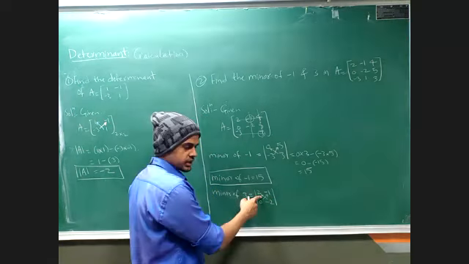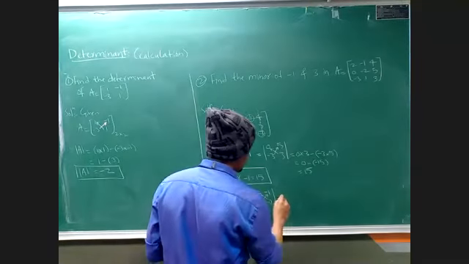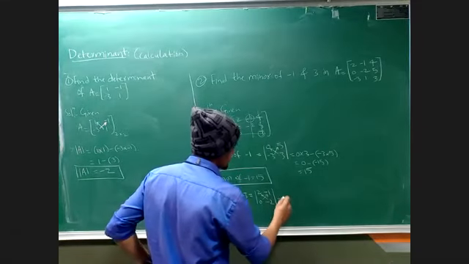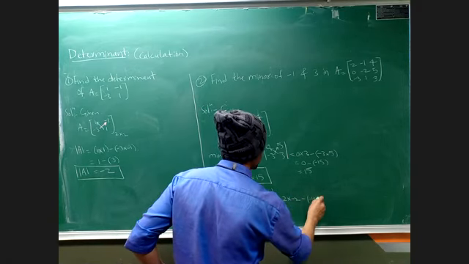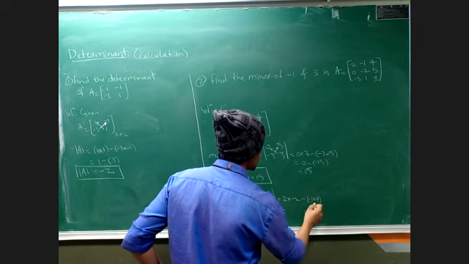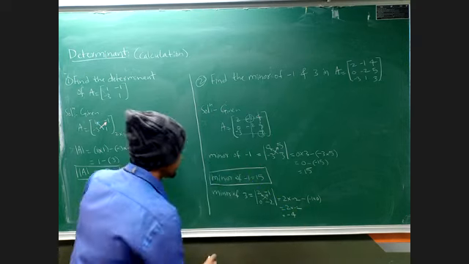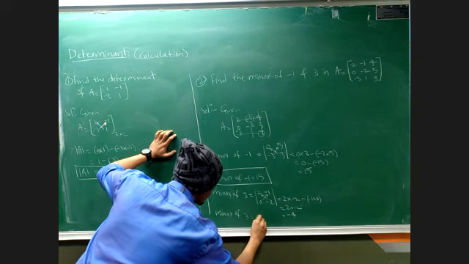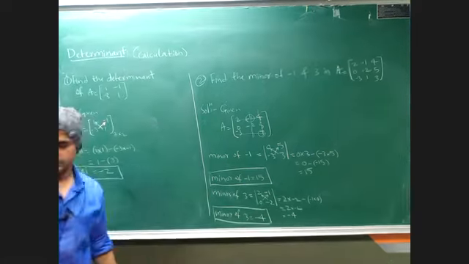The first diagonal is anti-clockwise, the second is clockwise. So I take 2 into -2 minus -1 into 0. Here 0 into -1 is 0, and 2 into -2 is -4. So the minor of 3 will be -4. Okay, this is the answer.